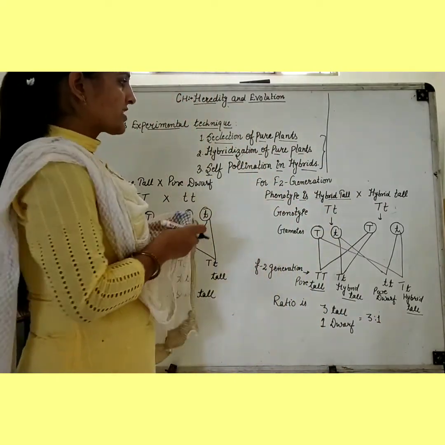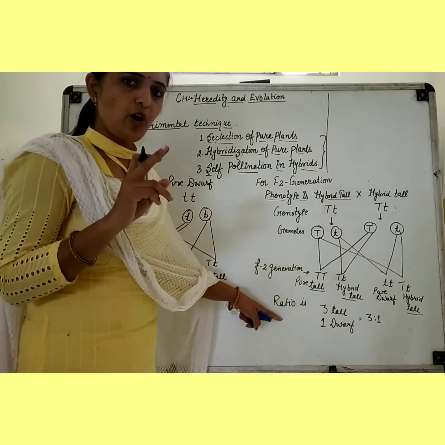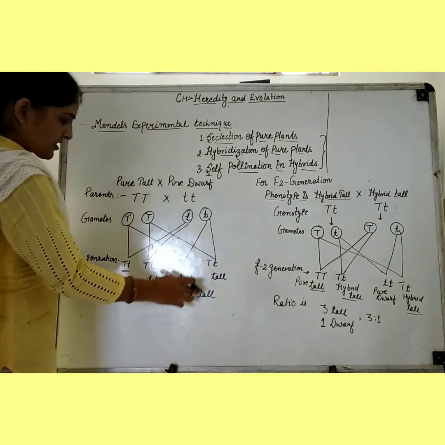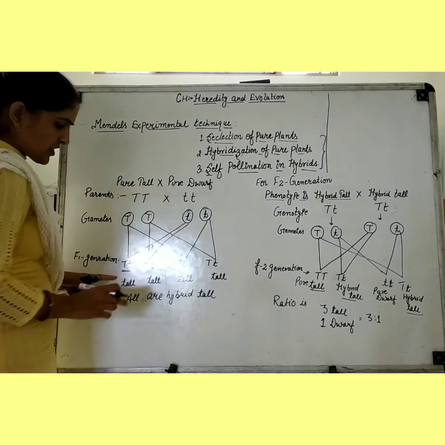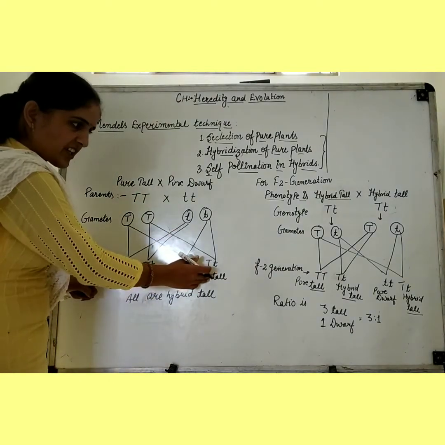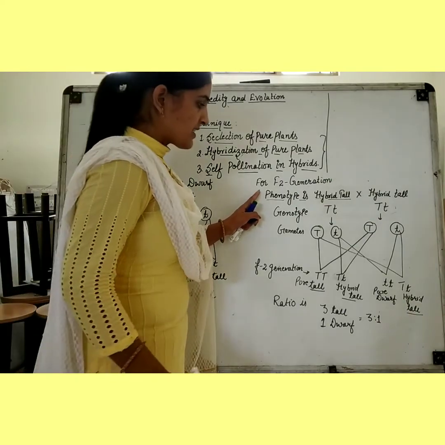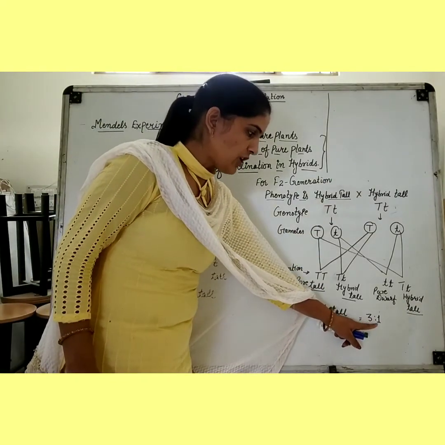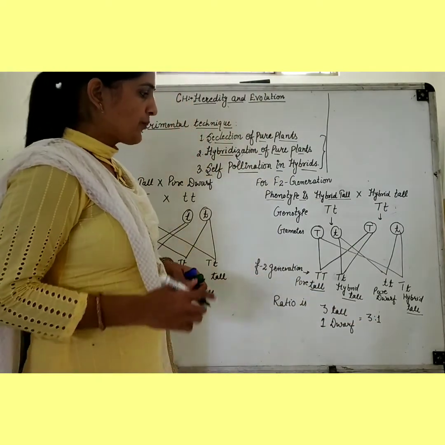So this is the F2 generation of the monohybrid cross, and here the result of the monohybrid cross in the F1 generation is that all are tall, but the result in the F2 generation is that 3 are tall and 1 is dwarf.